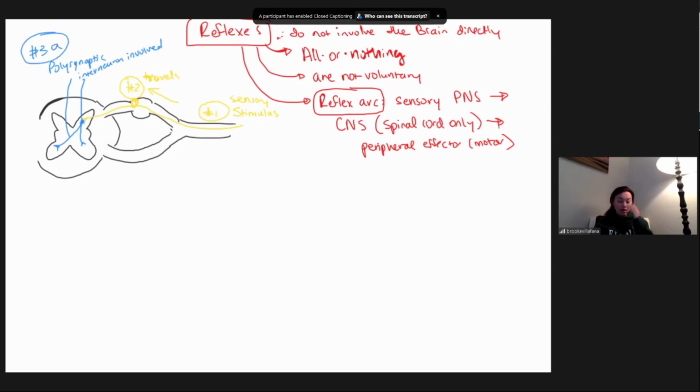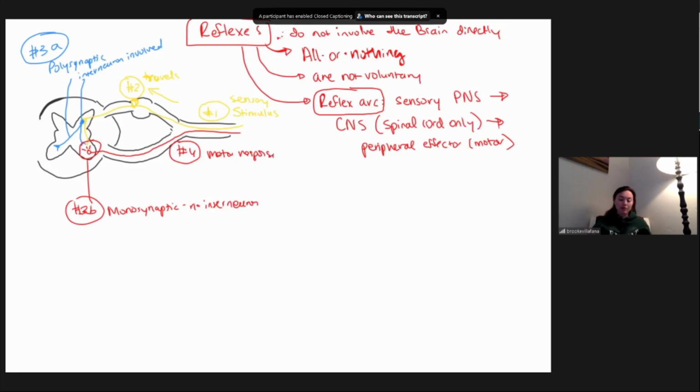Option 3A is that it's polysynaptic, or it can just be monosynaptic, not travel through the interneuron and just go straight over and synapse with my little motor. So right here, this would be option 3B, monosynaptic, which means it just has one synapse. And this has no interneuron. And then we know our last step would be our motor response going out.